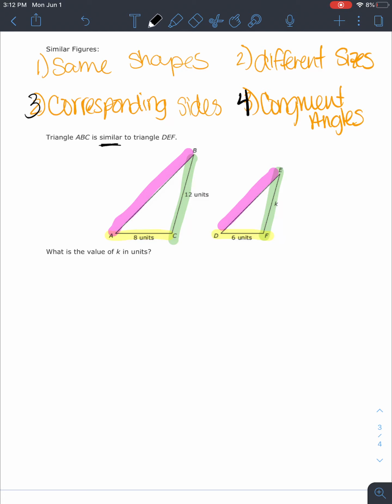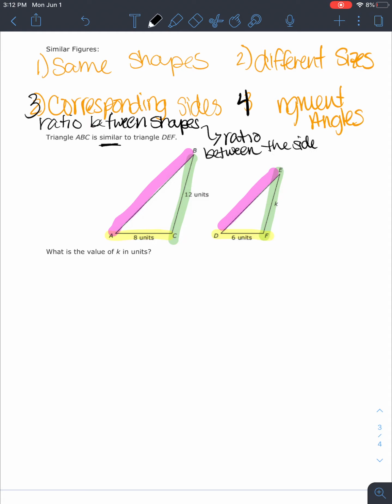Thirdly, they have corresponding sides, and these corresponding sides exist because they have the same ratio. So there's a ratio between the shapes, and there's also a ratio between these sides, and I'm going to show you those as well.